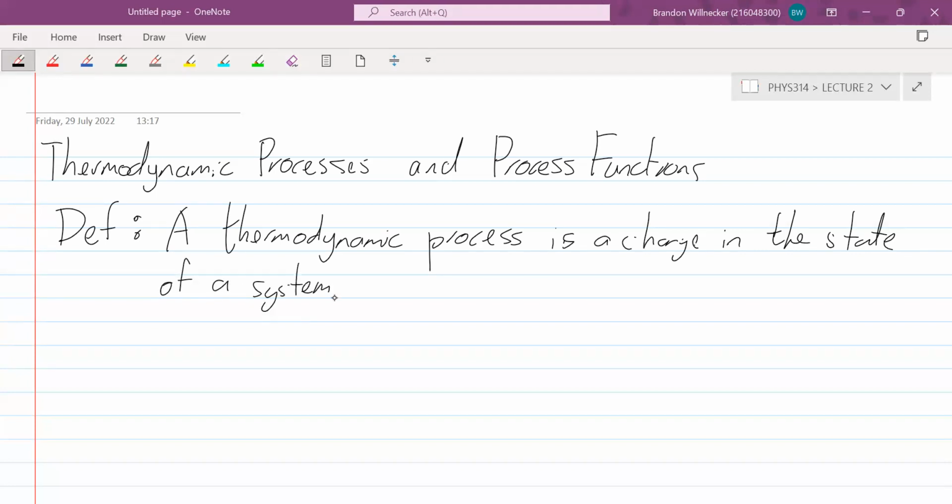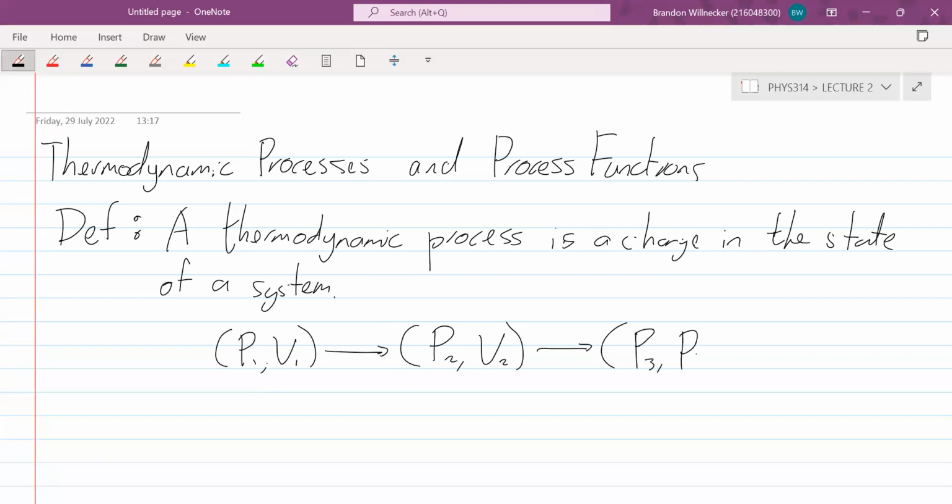As always, whenever I say states of the system, I mean macro states of the system. So for example, if we have one macro state P1V1, we can move the system into another macro state P2V2, and then maybe into a third macro state P3V3. This sequence of steps from one macro state to another is called a thermodynamic process.